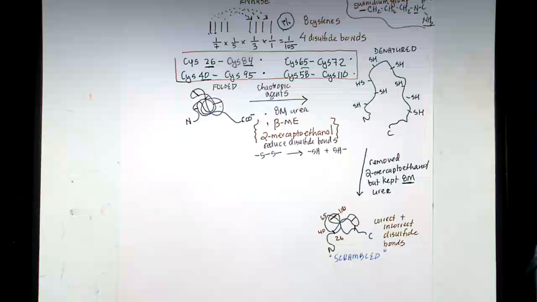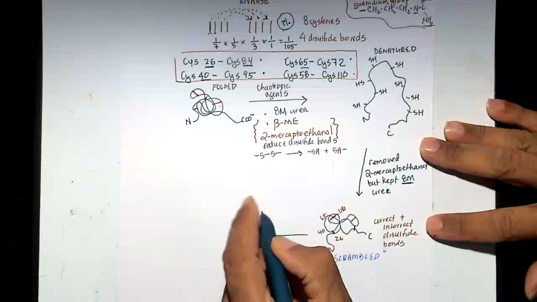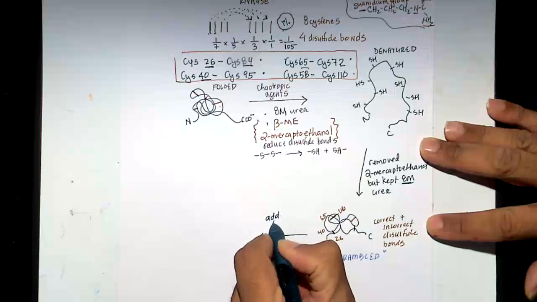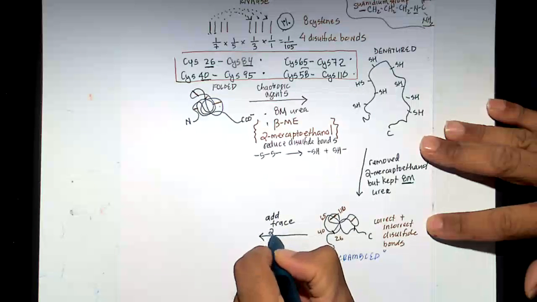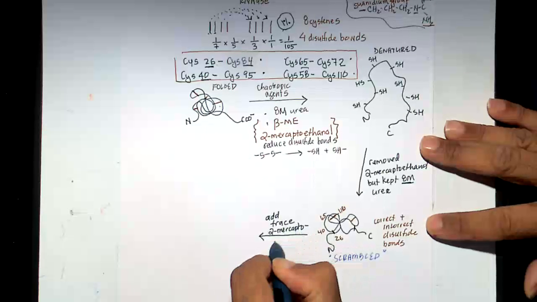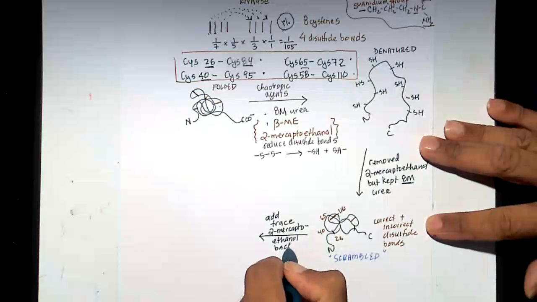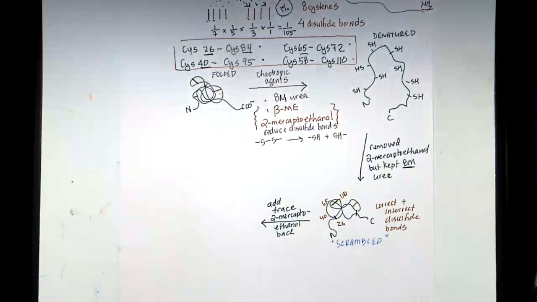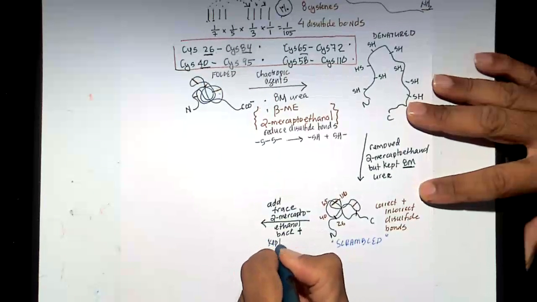So what he did then was he added back, so let's follow this, he added the trace BME back, 2-mercaptoethanol back. And we're still in urea.